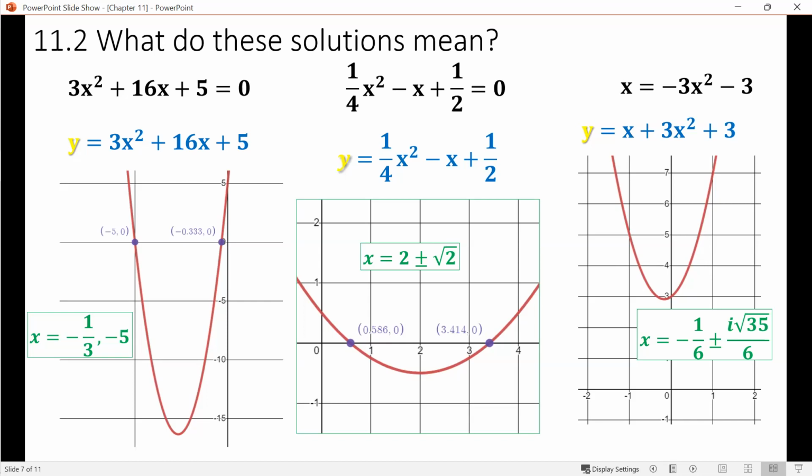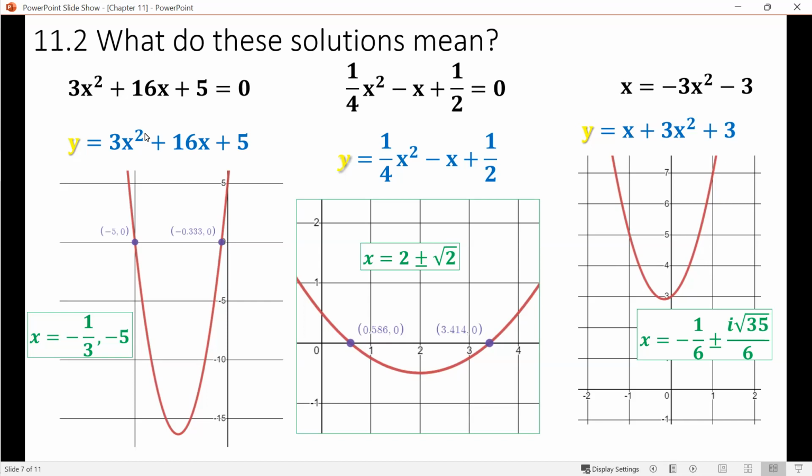And the solutions that we just came up with are essentially the values of x when y equals 0. Those values are important to us because they tell us when and where our quadratic function crosses the x-axis.